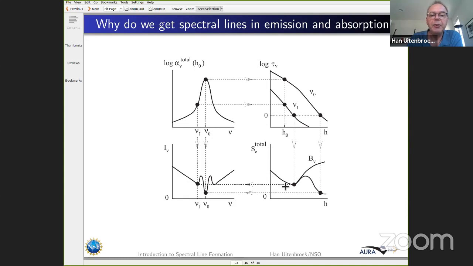Now, if we have a source function that first increases with height and then decreases with height, we can understand this because the line core intensity maps to this low source function value. The intermediate opacity maps to the source function peak. And then there's a minimum here. And then the source function increases again when we go deeper.